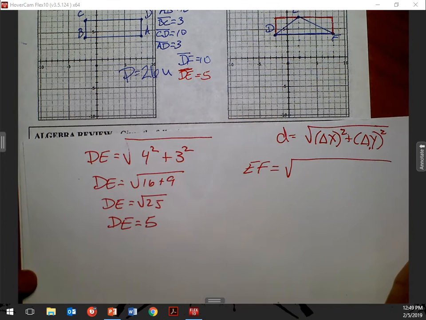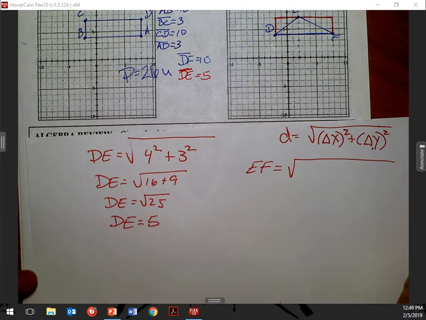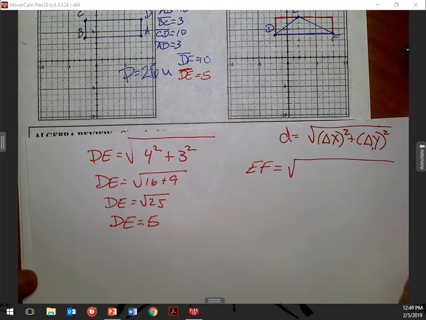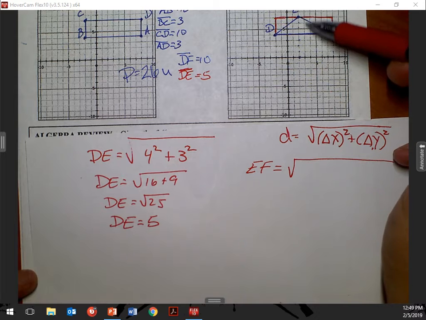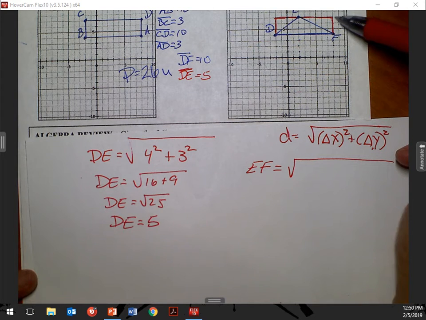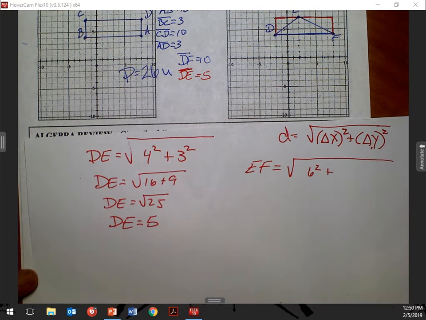So for this one right here, what is my delta x going to be? How far left and right are they apart? 5. From E to F? 6. Oh yeah, 1, 2, 3, 4, 5, 6. There we go. 6 squared. Plus, how far up and down are they apart? 3 squared.